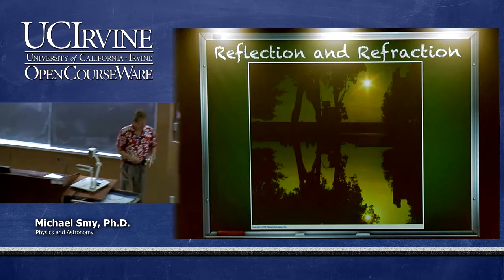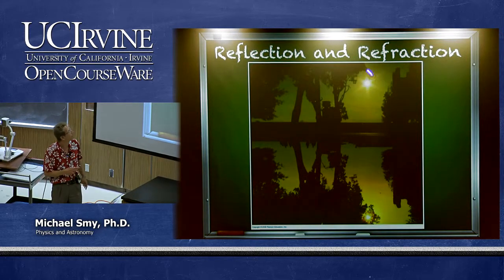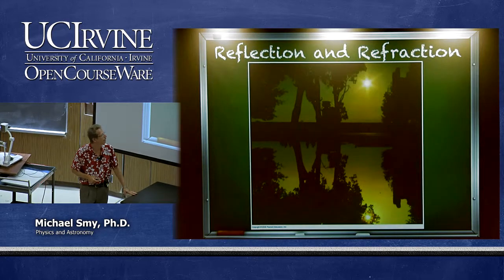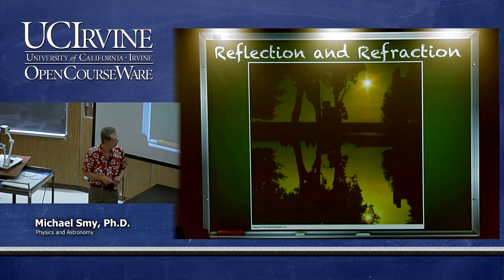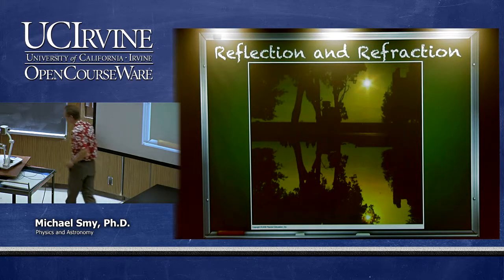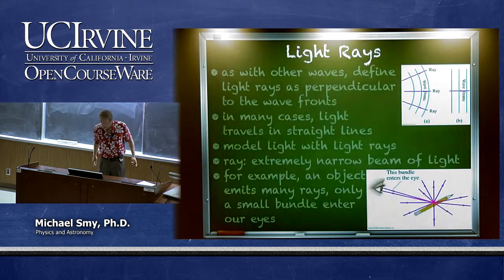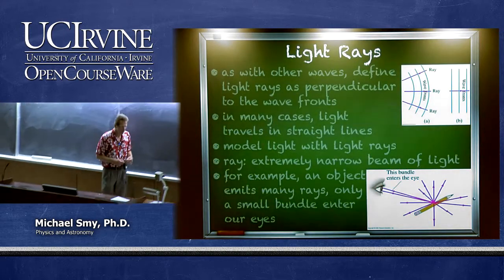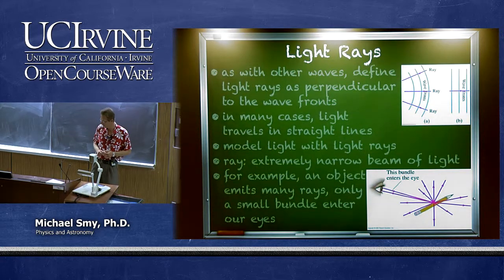So if we look at a very smooth surface, like in this picture, we discover an image of the world, or a reflection, which seems to be fairly faithful to the original. And to analyze such questions, we use the ray model of light.